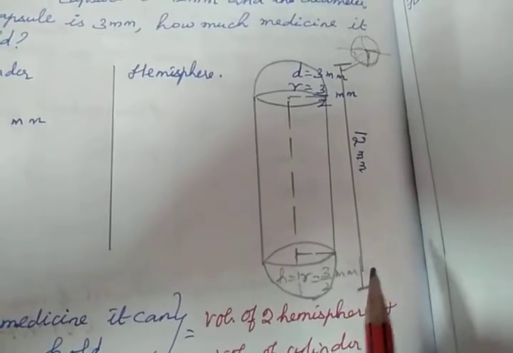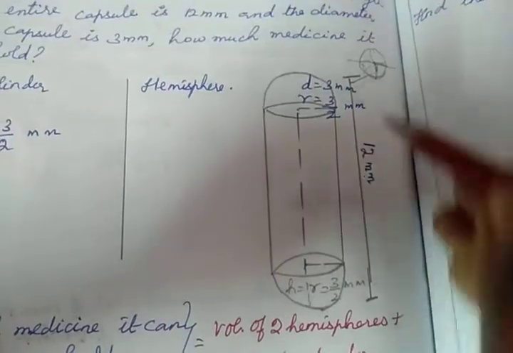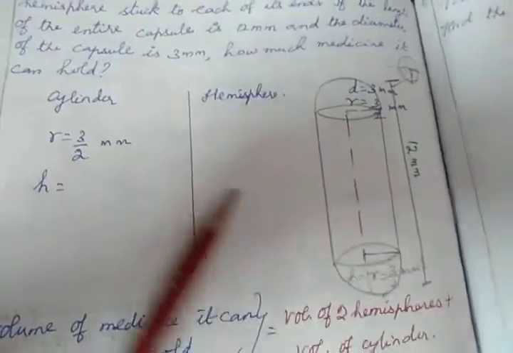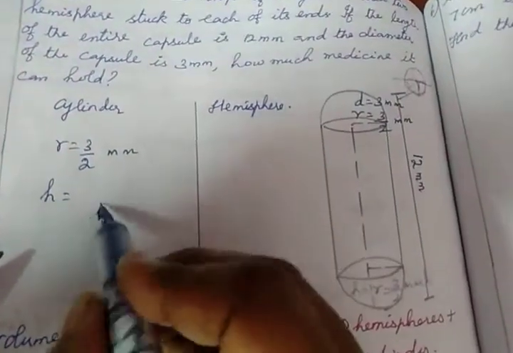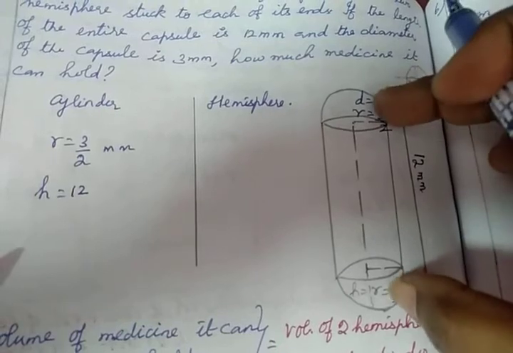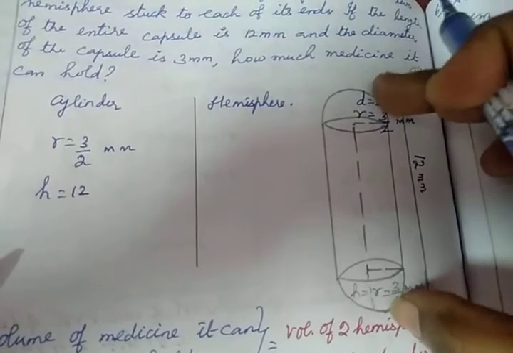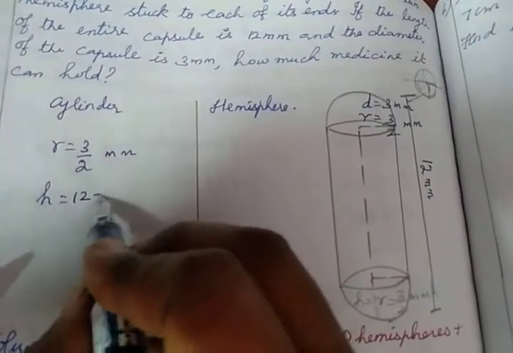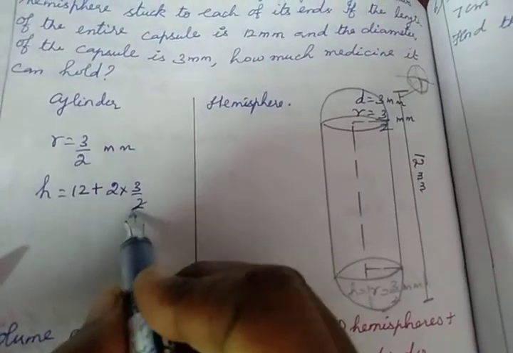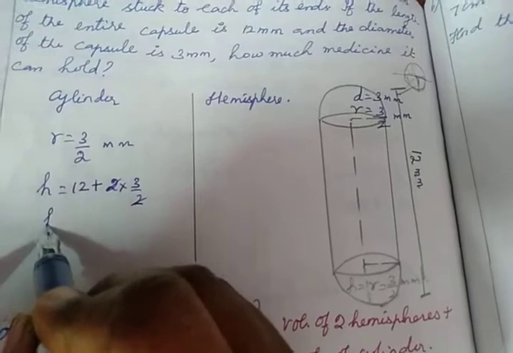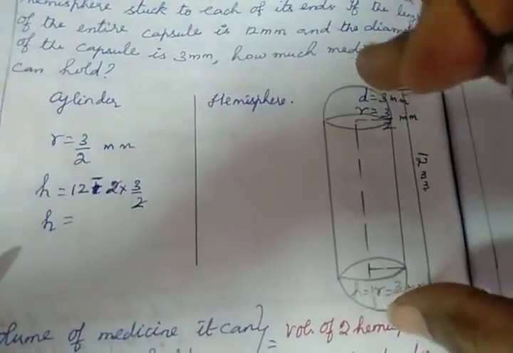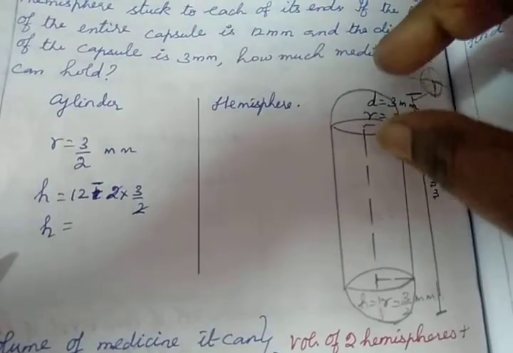I need to calculate the height of this cylinder. The total height is 12 millimeter. Height is equal to 12 minus 3 by 2, minus 3 by 2, that is 12 minus the whole part minus this part and this part.